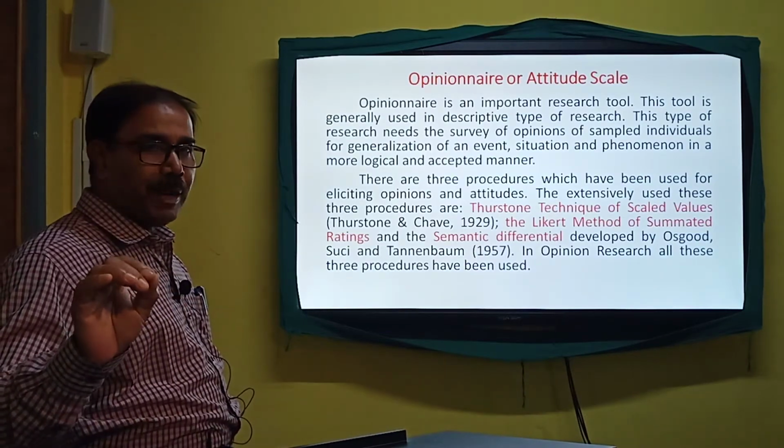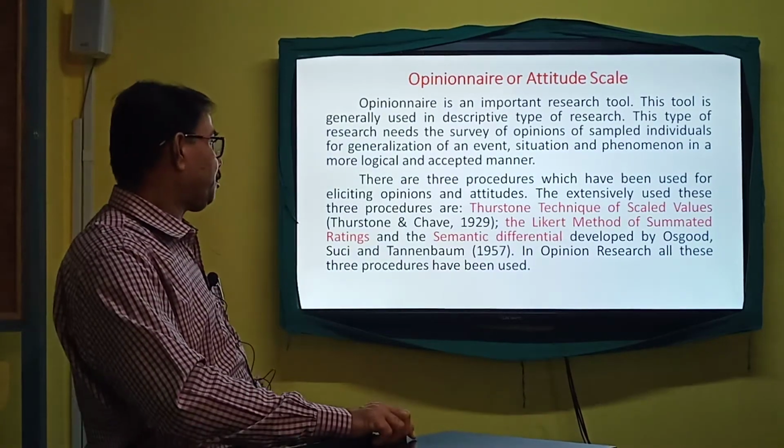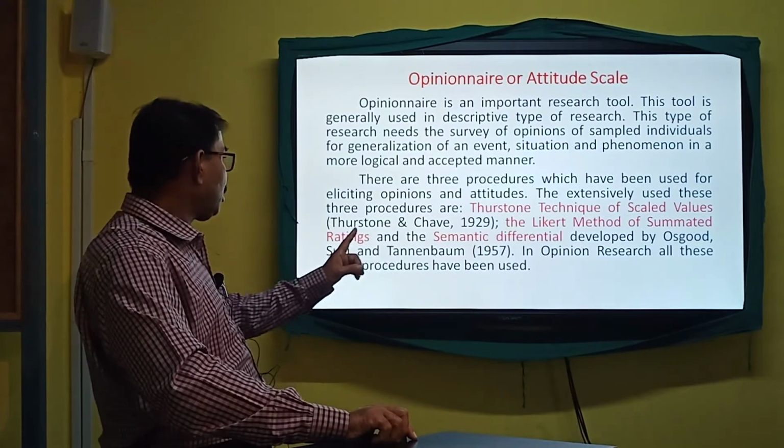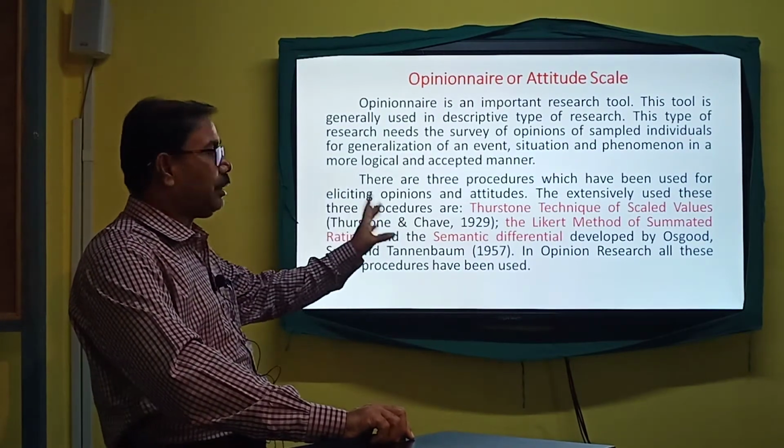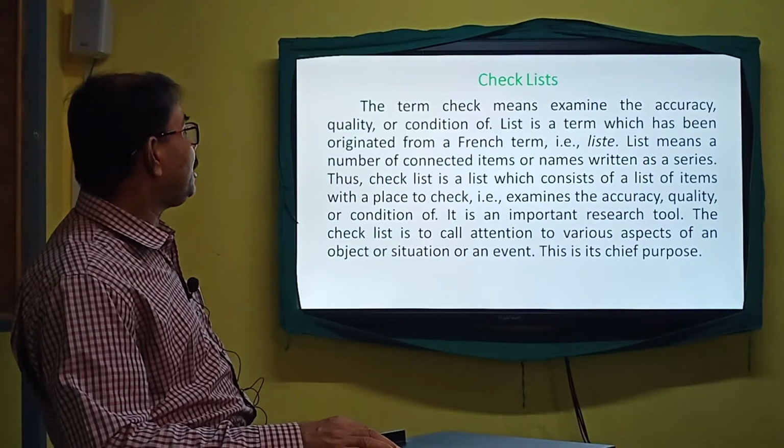According to the speciality of our research problem, in opinion research, all these three procedures have been used. Let us go to the next slide.